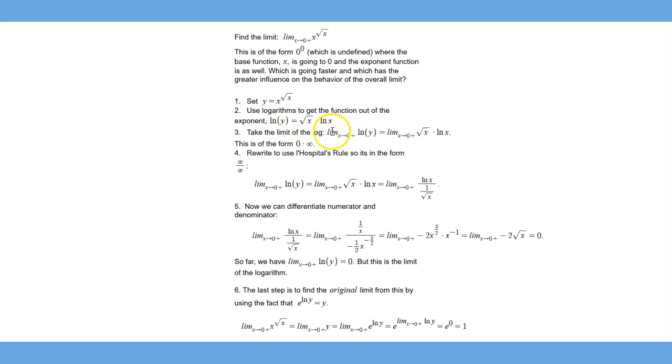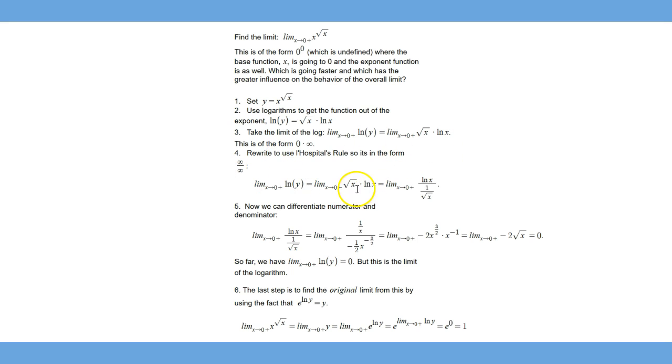Now we're going to take the limit of both sides, the limit of the ln of y and the limit of this product. This is in that 0 times infinity form, so we need to rewrite it to use L'Hopital's.